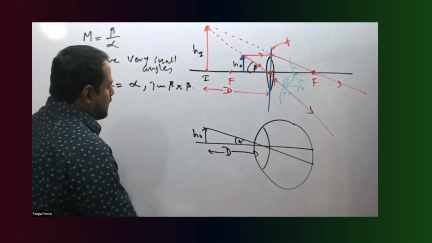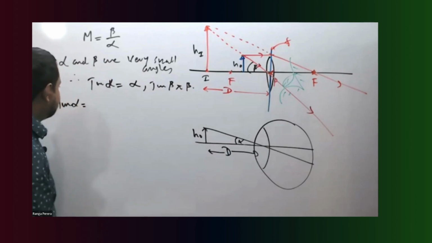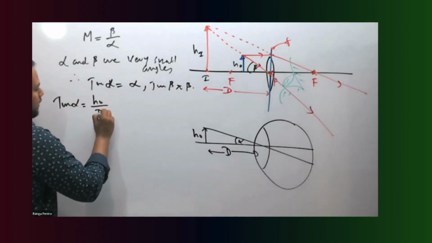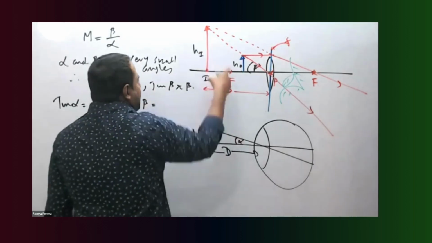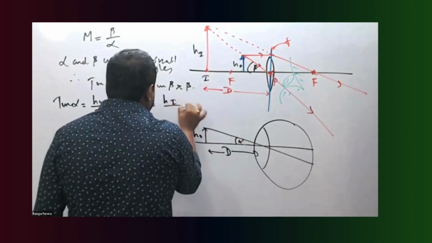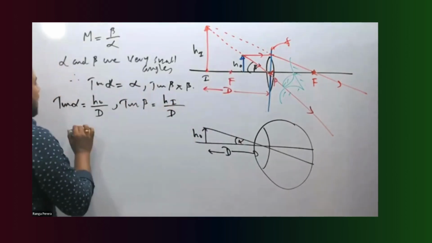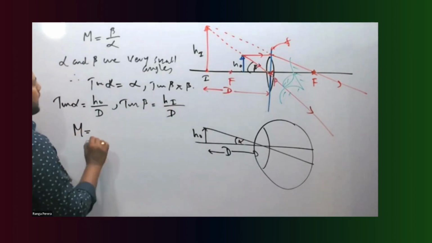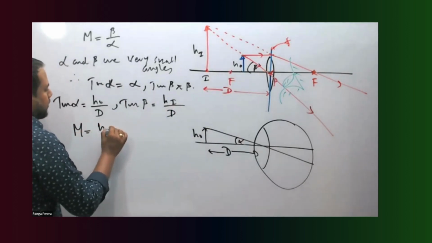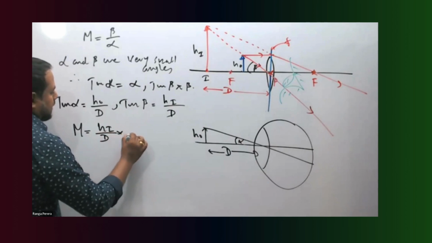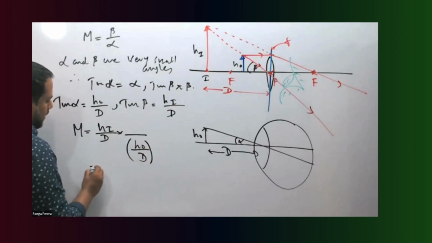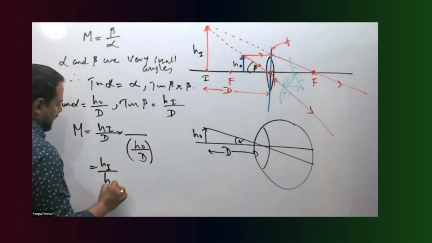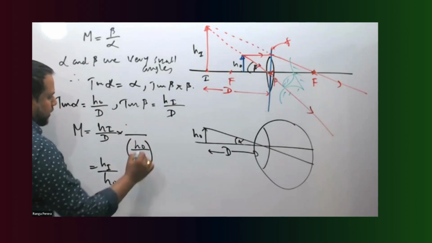Tan alpha is H naught over D. What is tan beta? Tan beta equals Hi over D. Now, capital M equals Hi over D divided by H naught over D.